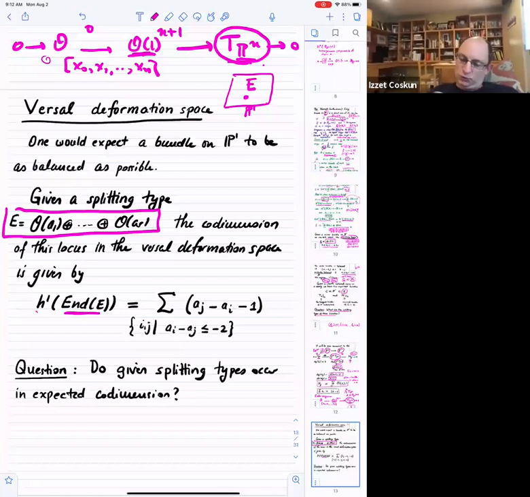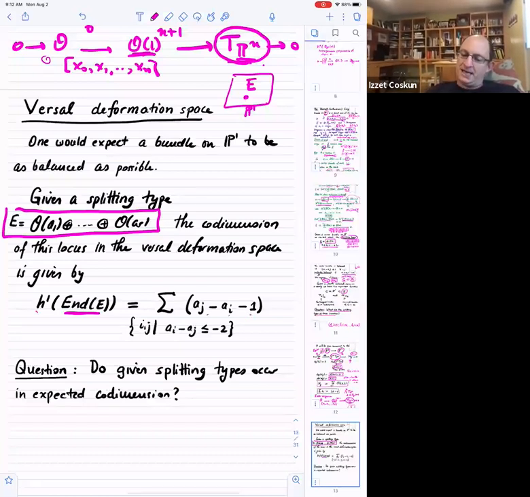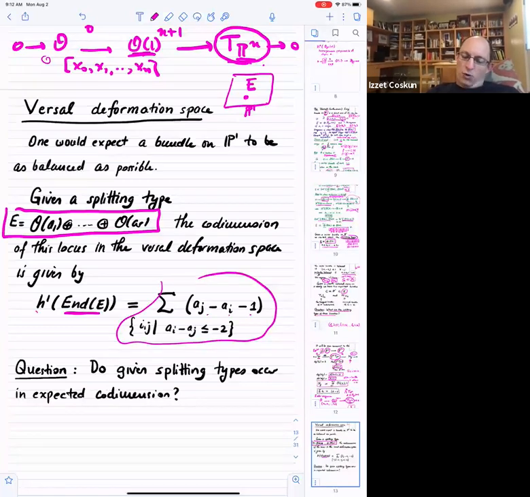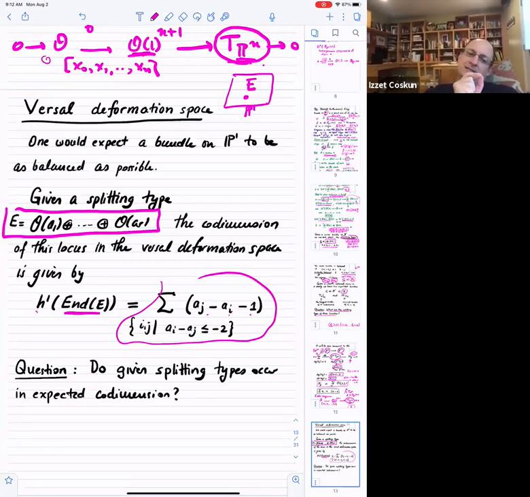In other words, you look at the sum of aj minus ai minus 1 over all i,j where ai minus aj is less than or equal to minus 2. If you have a balanced one, this is going to be 0. So the general point in the versal deformation space is balanced.